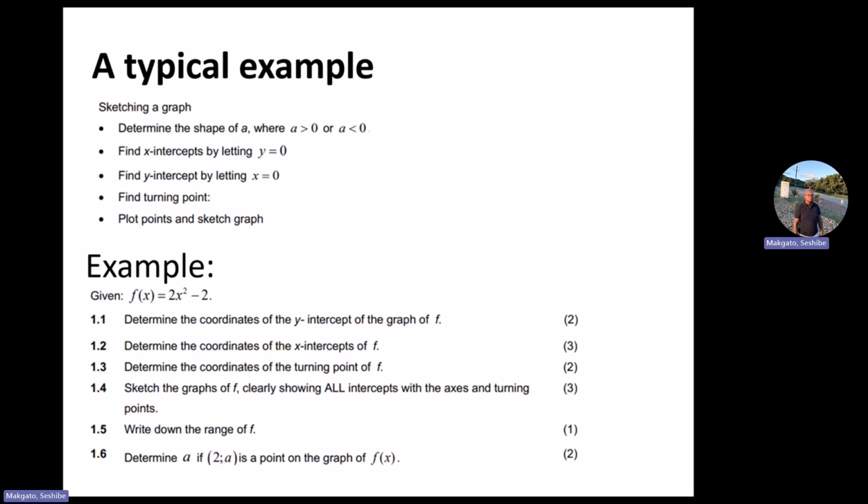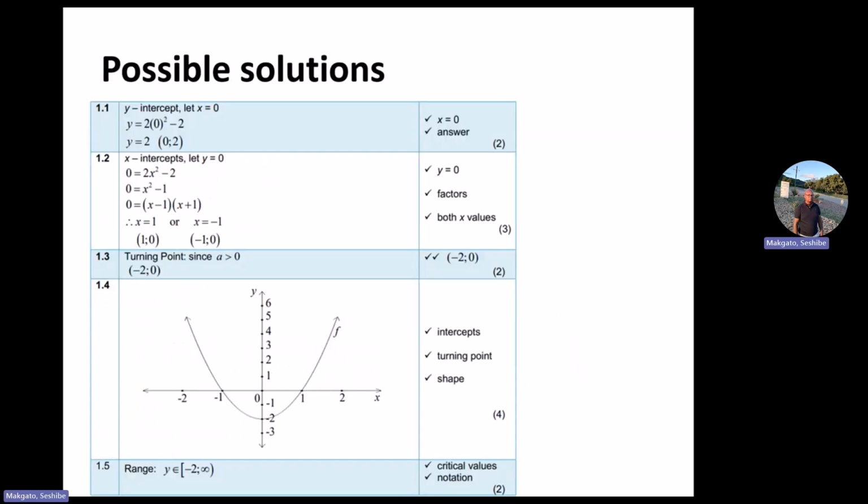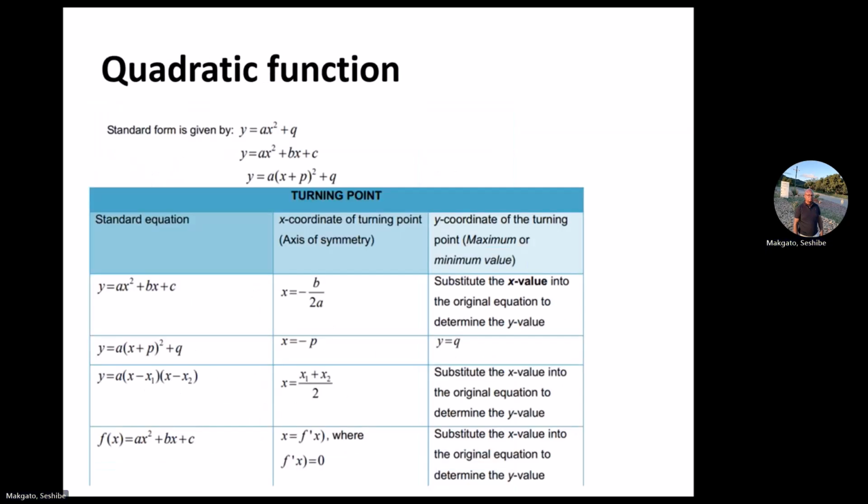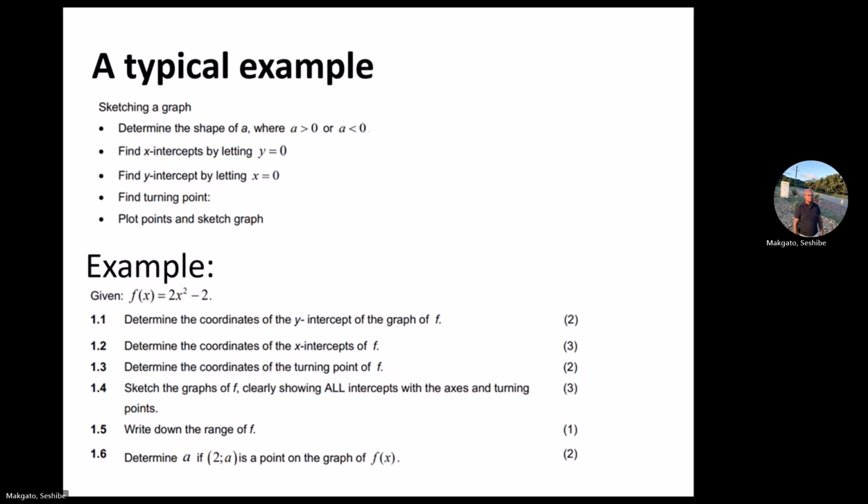Yes. And then in terms of the turning points, sorry. So the turning point of this will be x is equal to 0, and then minus 2, so that will be minus 2 for your y and 0.